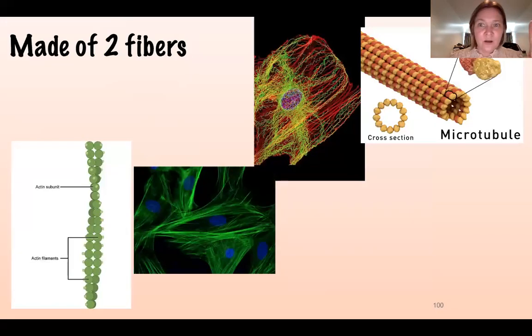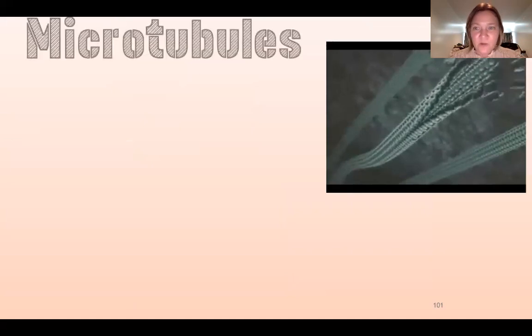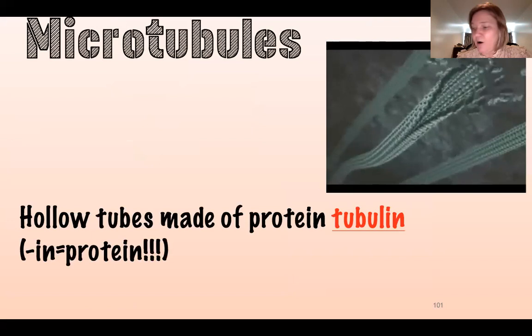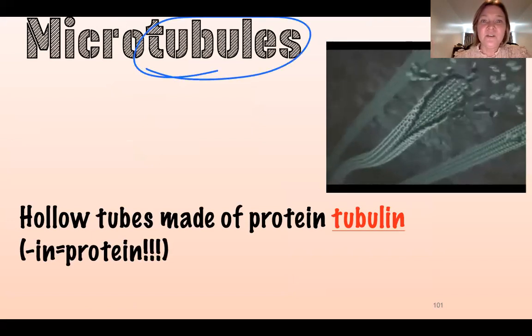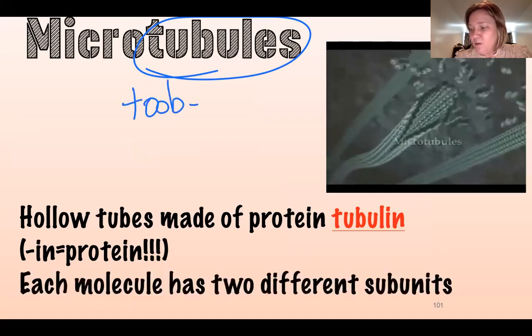Now there are two main fibers for the cytoskeleton. We have microtubules and we have microfilaments. Microtubules, which you can see are basically tubes. That's why we call them tubules, and it's not pronounced tubules or tubules, it's pronounced tubules.